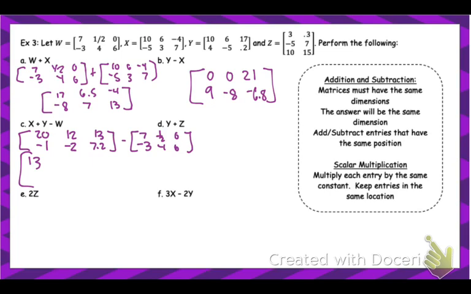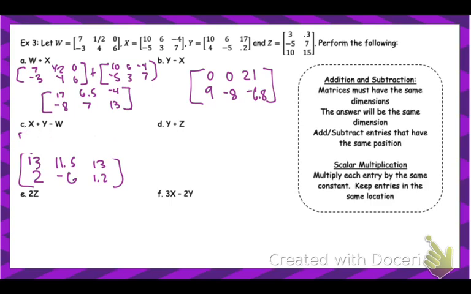Negative 1 minus negative 3 becomes negative 1 plus 3. 12 minus 1/2. Negative 2 minus 4. 13 minus, was that 6 or 0? Let's see, that was W, so 13 minus 0, and 7.2 minus 6, which gives me my final answer.